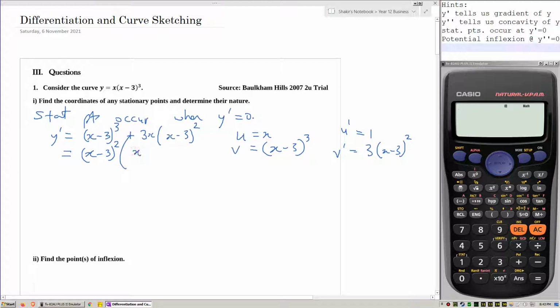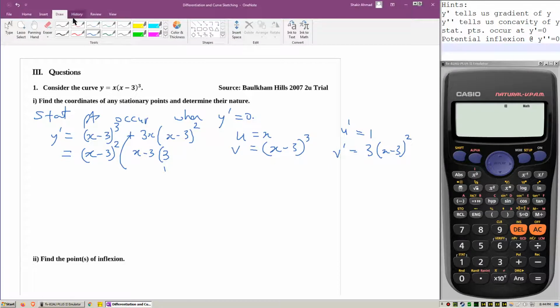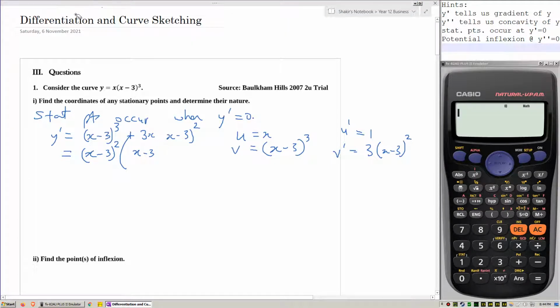In the big bracket, you'll have x minus 3 here, plus 3x. That's x minus 3 all squared, times x plus 3x, which is 4x minus 3.